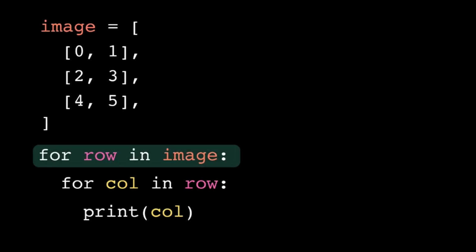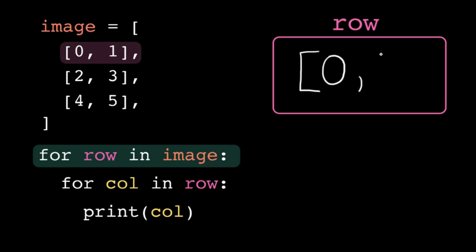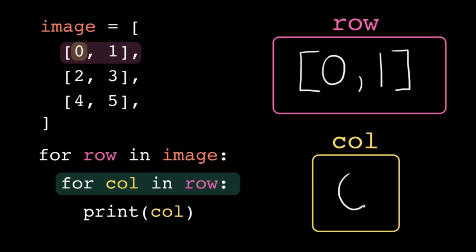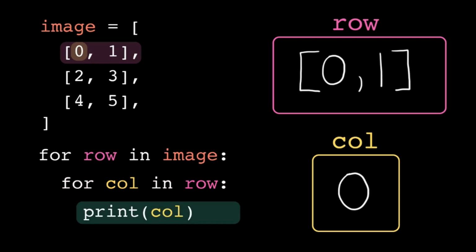On the first iteration, the loop variable row holds the first nested list. Then we execute the loop body, and the first line inside the loop body is this nested for statement. This for loop iterates over the elements in row. So on the first iteration of this loop, the loop variable column holds the element 0. Then we execute this loop body, which is any lines of code that are indented inside of it.